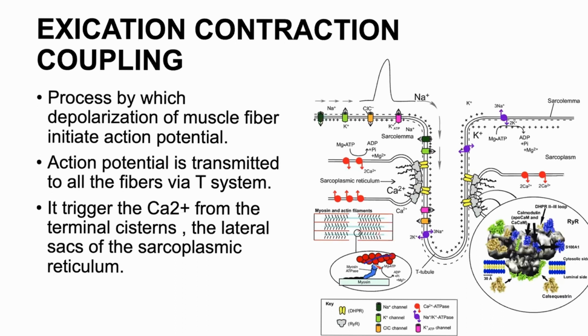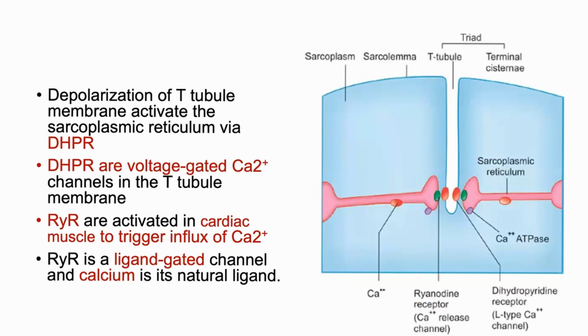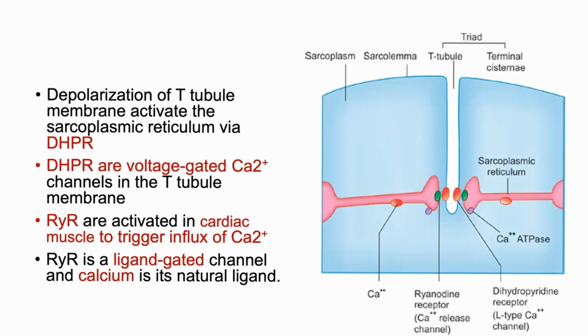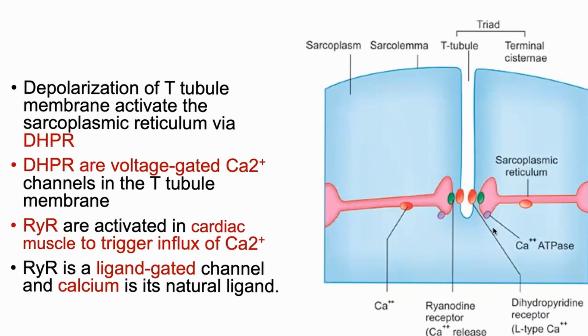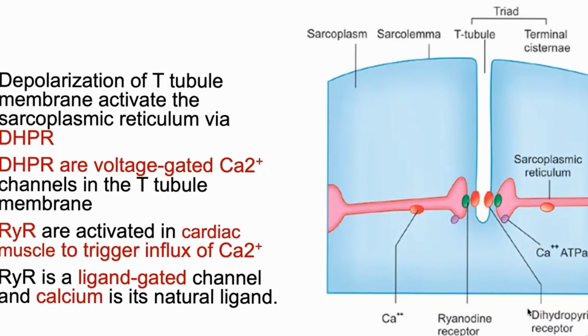Remember that you have the sarcotubular system, the terminal cisterns and the lateral sac, and the calcium is going to be released from the sarcoplasmic reticulum in order to bind now to the troponin C. Depolarization of the T-tubule membrane activates the sarcoplasmic reticulum via the dihydropyridine receptor.